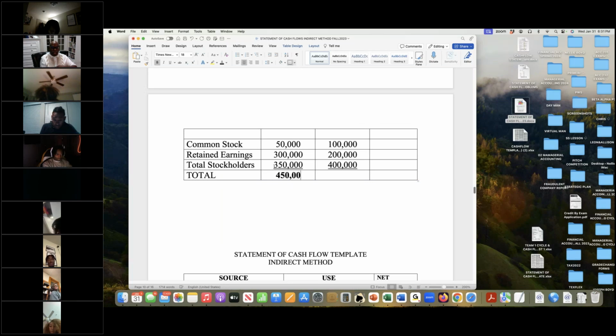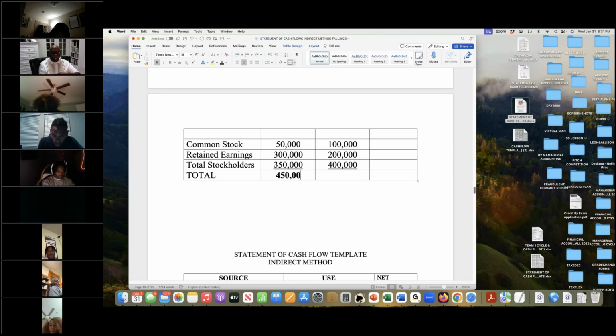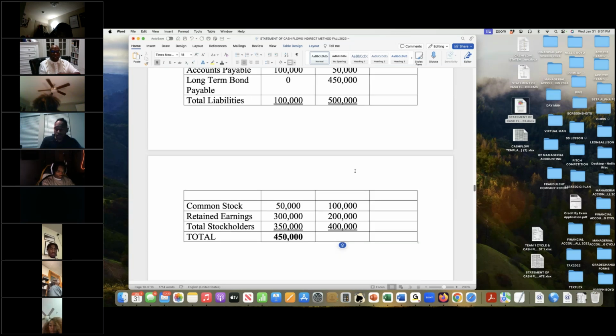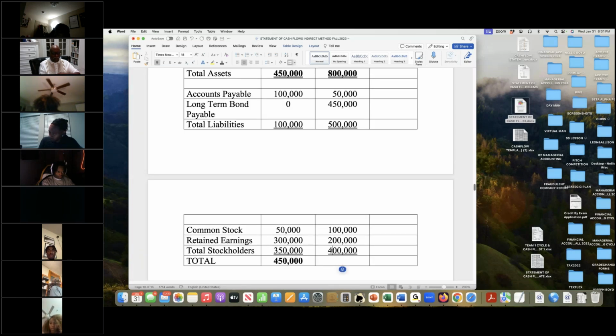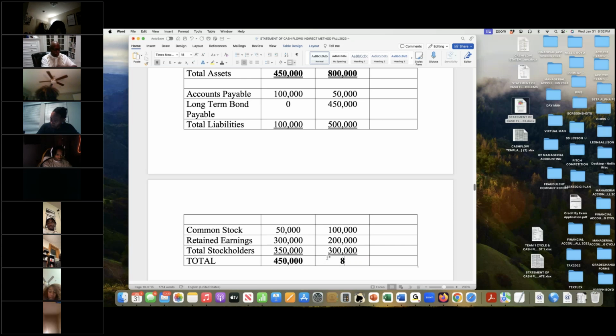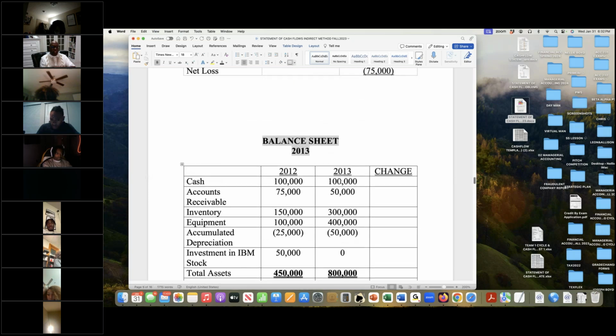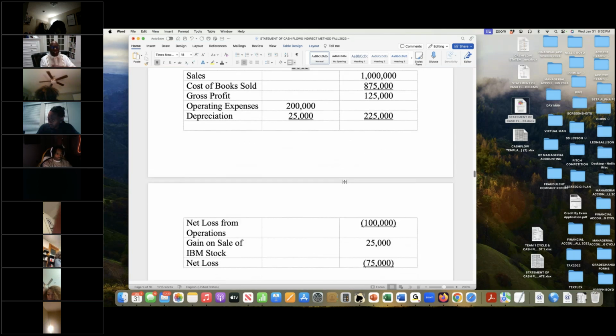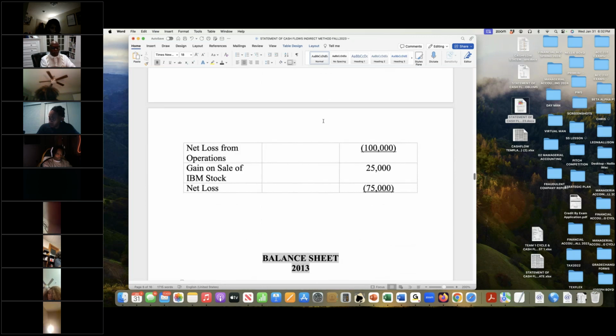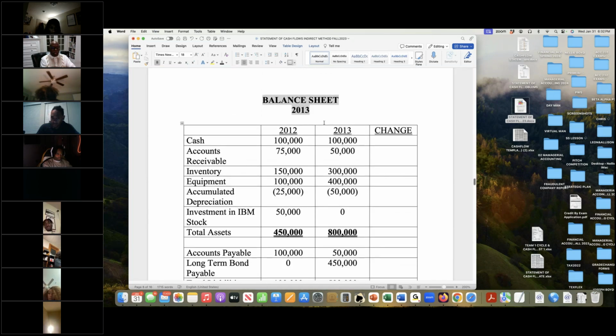I think this totals out to be 300, 500 is 800. So to prepare a statement of cash flow, you prepare it from the balance sheet and the income statement. So that's why you have to know how to do a balance sheet and an income statement, because we're going to prepare it from this.